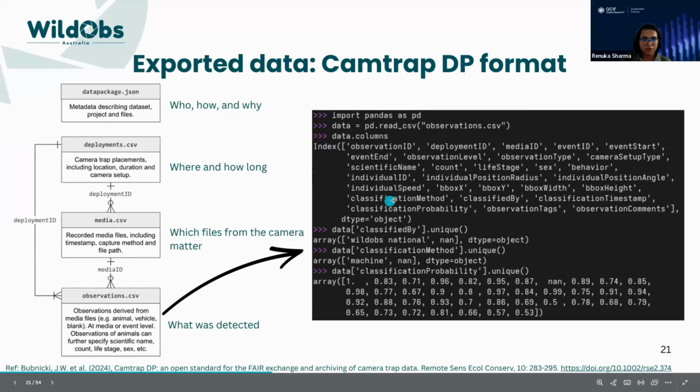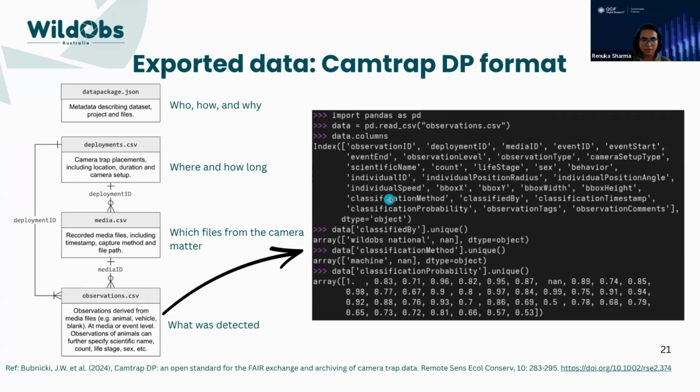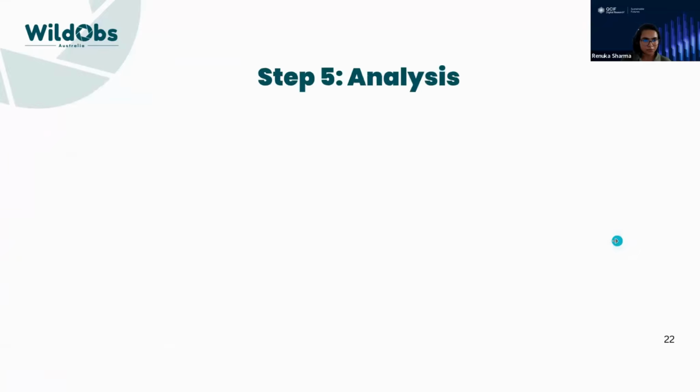If you look into that CSV file, these are the columns, and you will be able to see which model has classified it and also what is the probability it has provided. We have media.csv file, which will contain the file path for the media files that you have provided, their capture method, all the information that you have been able to provide at the project level.